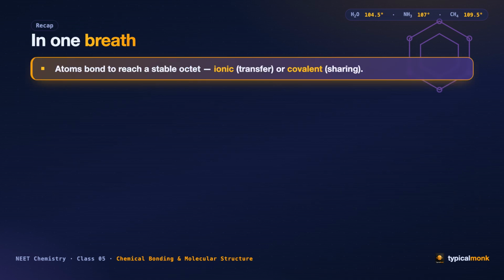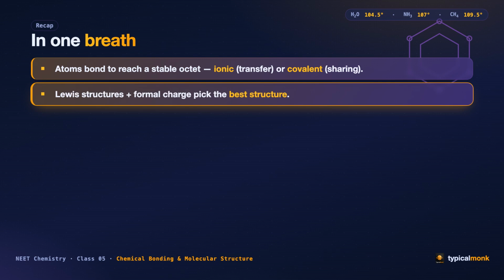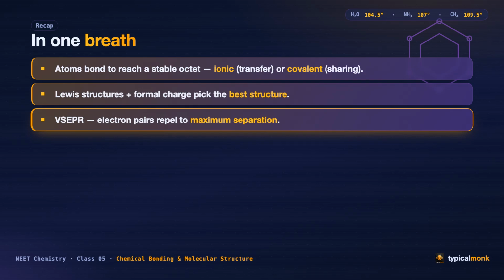Let us gather the whole class in one slow breath. Atoms bond to reach a stable octet, either by transferring electrons in ionic bonds or by sharing them in covalent bonds. Lewis structures let us draw the electrons, and formal charge picks the best structure, the one closest to 0. VSEPR is the master idea.